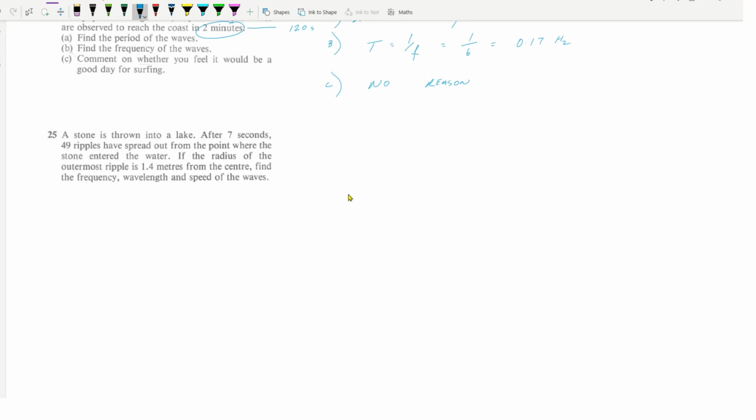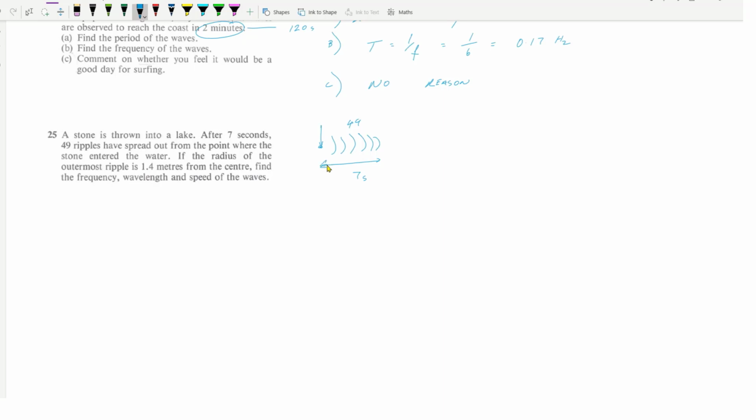Question 25. A stone is dropped into a lake. After 7 seconds, 49 ripples have spread out from the point. So if a stone is dropped, it's going to produce all these ripples, and there are going to be 49 of them in a span of 7 seconds. You're also told that the radius of the outermost ripple is 1.4 meters.